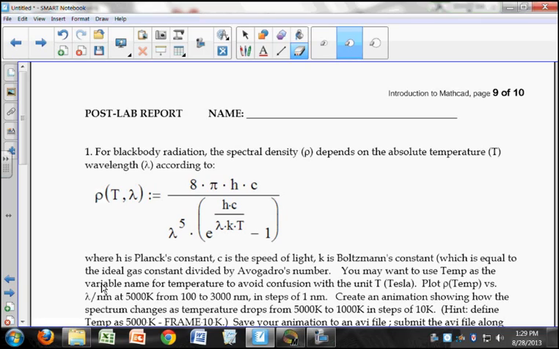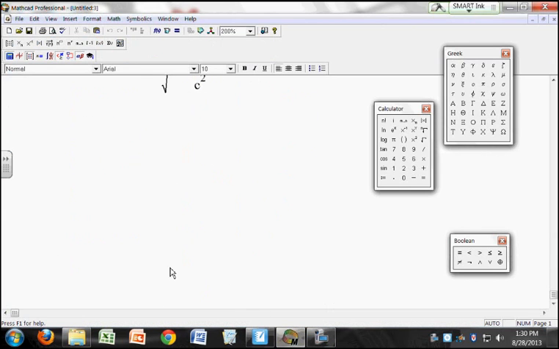How to define a variable, how to ask Mathcad to display a variable, how to define a range of possible values for a variable, how to define a function, how to plot a function, how to animate, and how to write a symbolic equation and do symbolic manipulations, particularly solving for a variable and substitution.